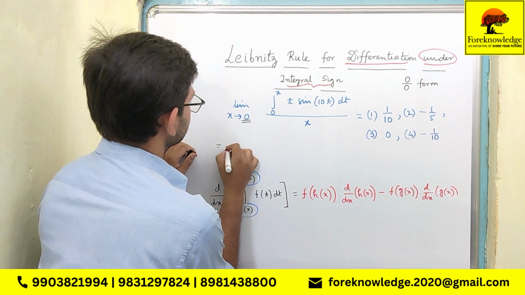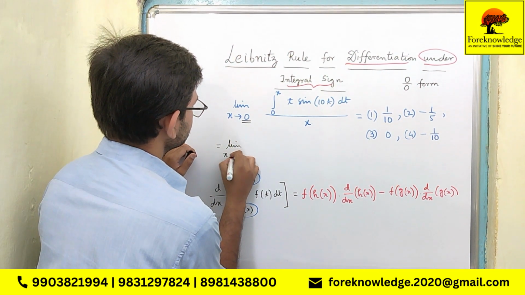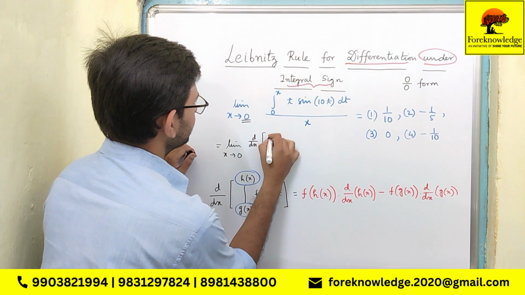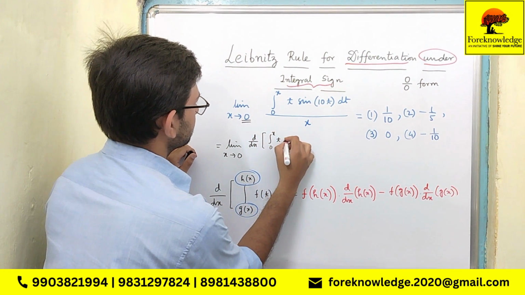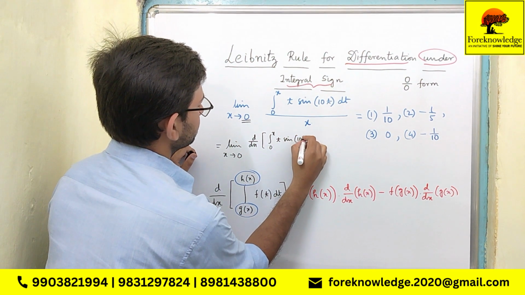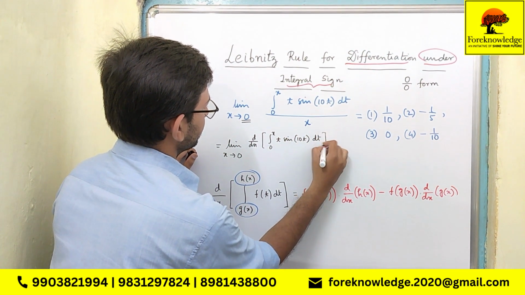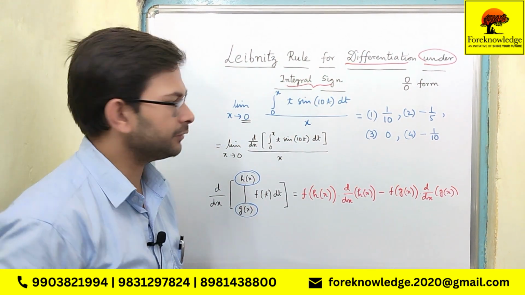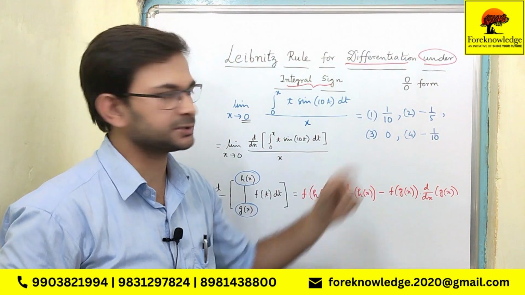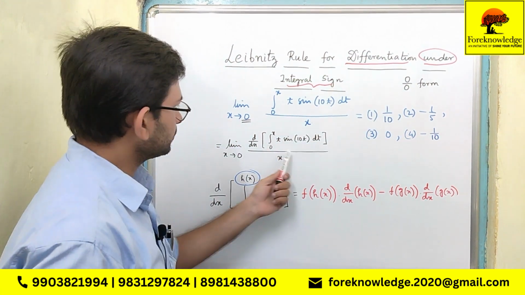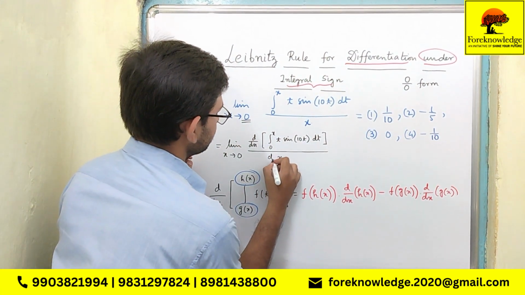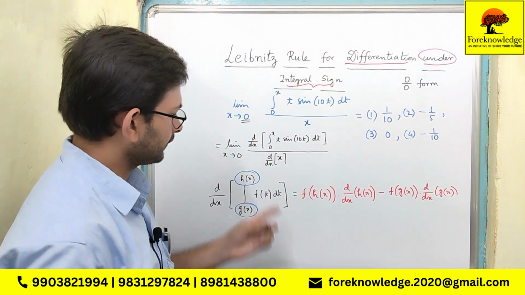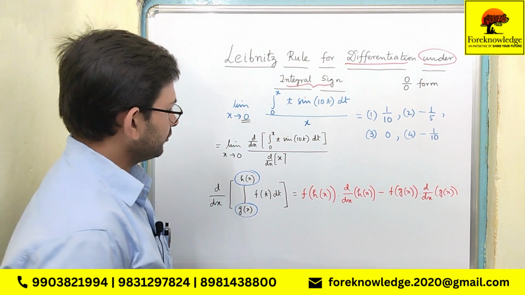So this is equal to limit x tends to 0 of d/dx of, I'm just writing down the differentiation part for your convenience. There is no need to copy it again if you are convinced of what I have explained here. Now look at the formula, apply it.